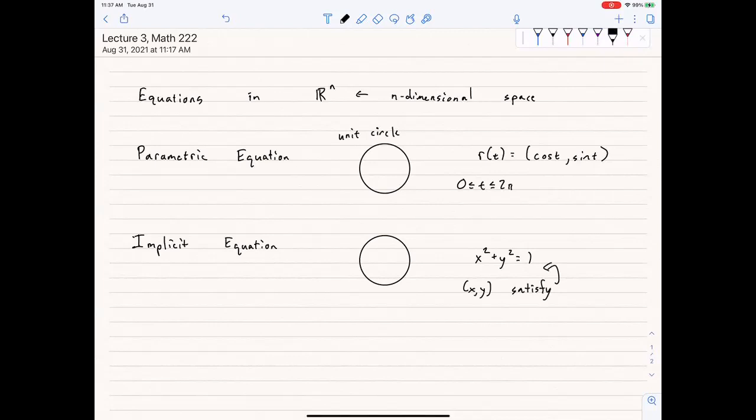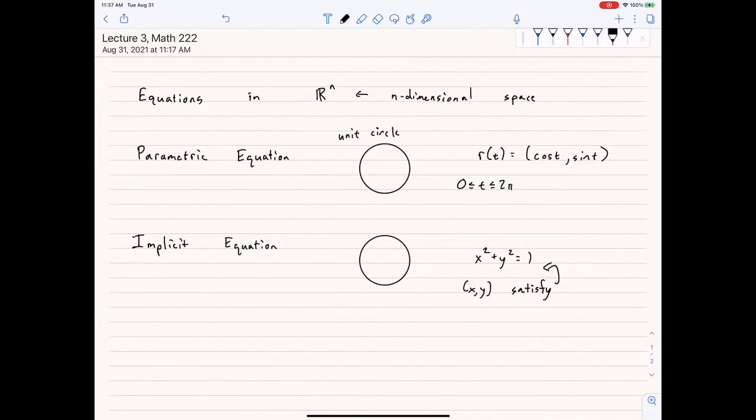And so in a sense, implicit equations are a little more unique, right? They're sort of more determined than parametric equations. Now, however, as I said, today we're going to look at lines and planes, and it turns out that for lines in three-dimensional space, or indeed for higher dimensional space, the best thing to use, or maybe the easiest equation to write, is a parametric equation.